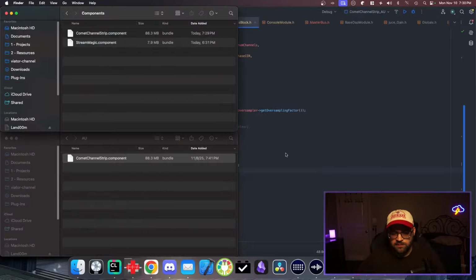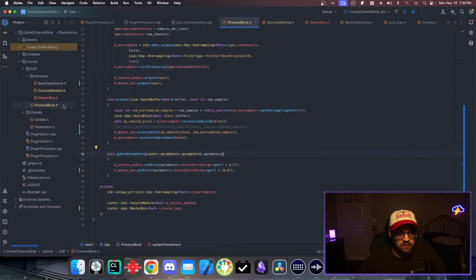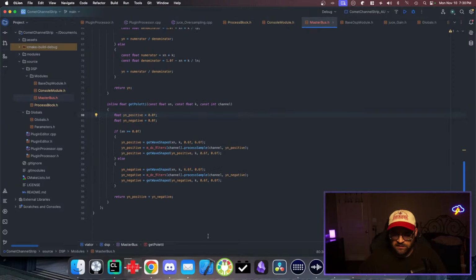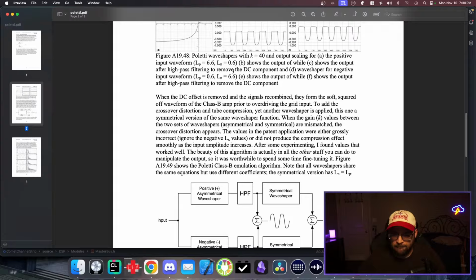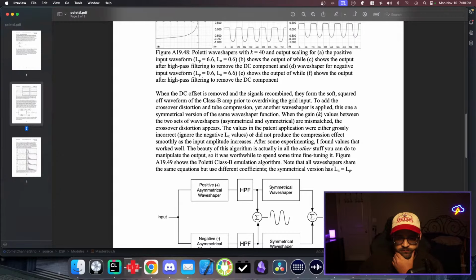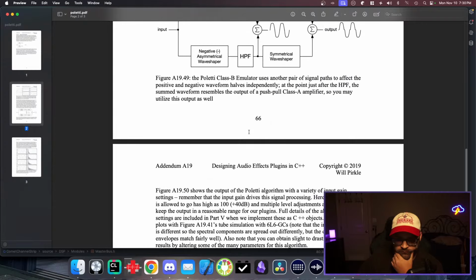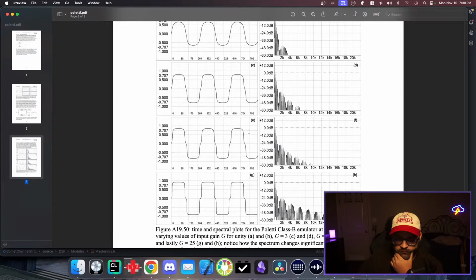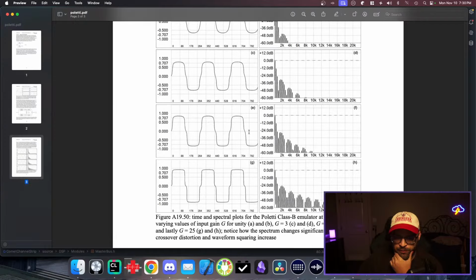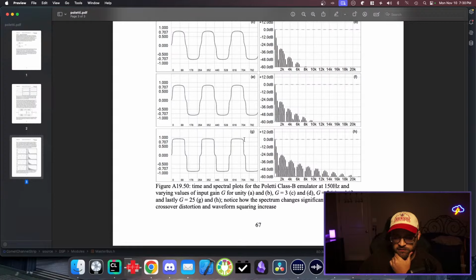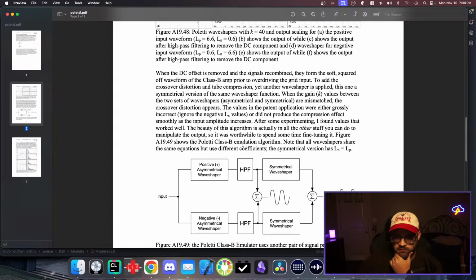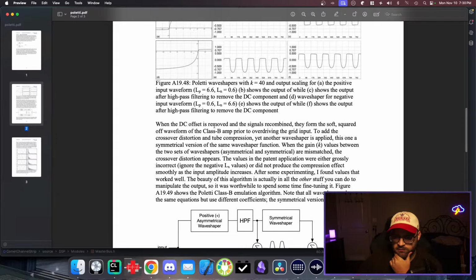Okay, so the other option we have says it really doesn't say, right? It doesn't say if both symmetrical ones use the same values.